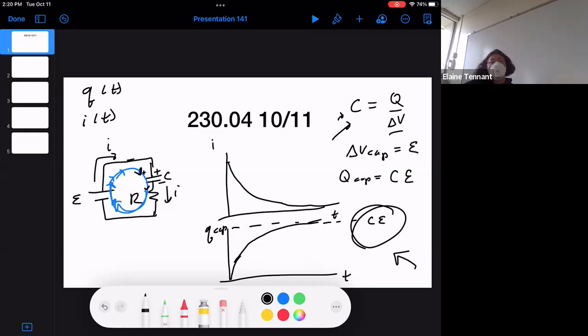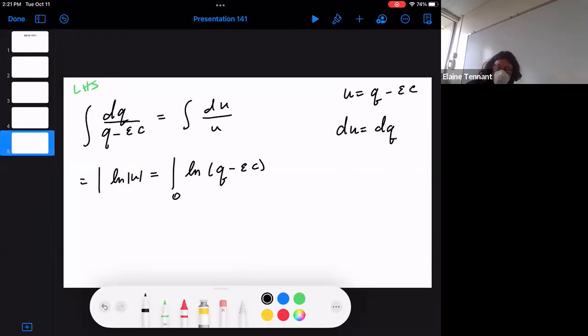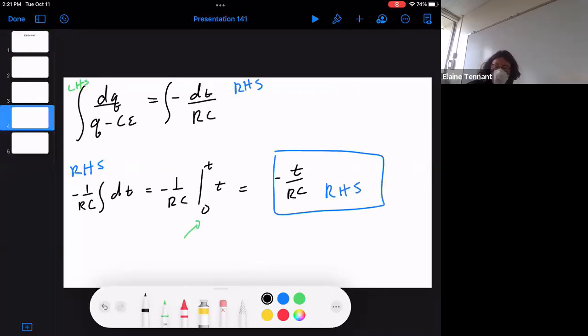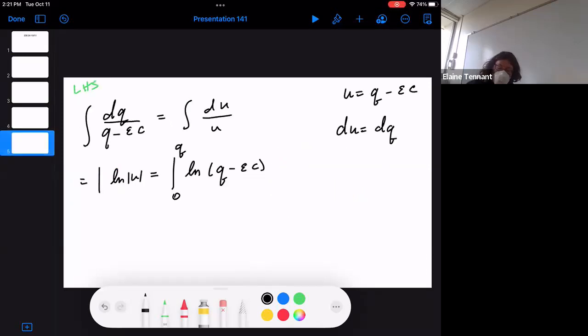Uncharged. So the charge on it would be 0. Does that make sense? Because only over time is that charge going to build up. So we're starting at 0, and then over time the charge builds up. So sometime later it'll have some charge q on it that corresponds to this time t. So that q, that will be q with respect to t.